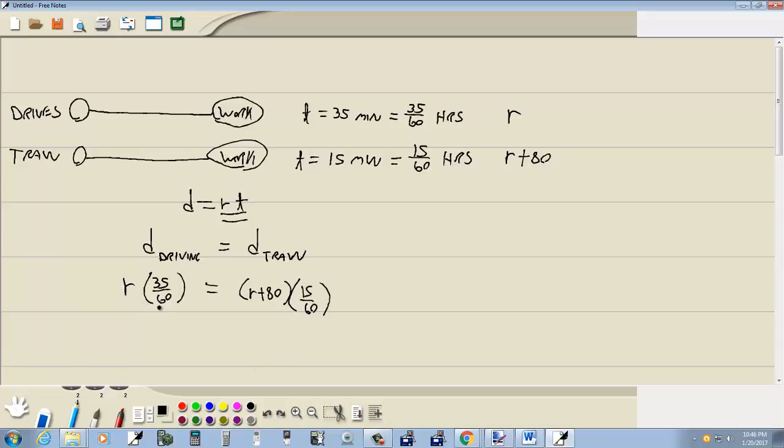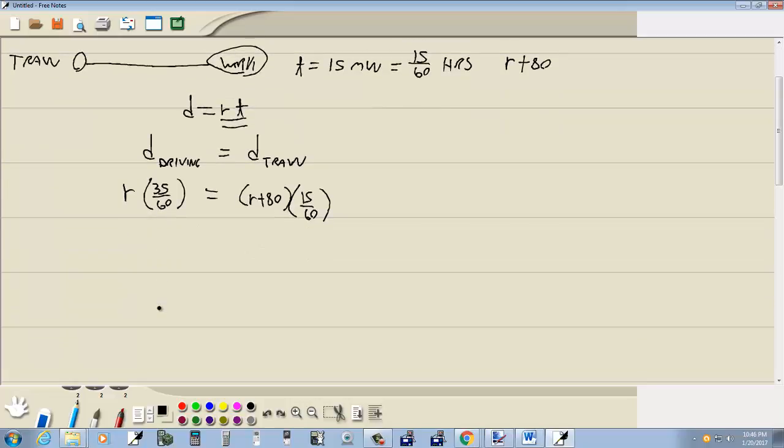Well, I could multiply everything by 60. So 60 times R times 35 over 60 is equal to 60 times R plus 80 times 15 over 60. This 60 would cancel this 60, 60 would cancel this 60.